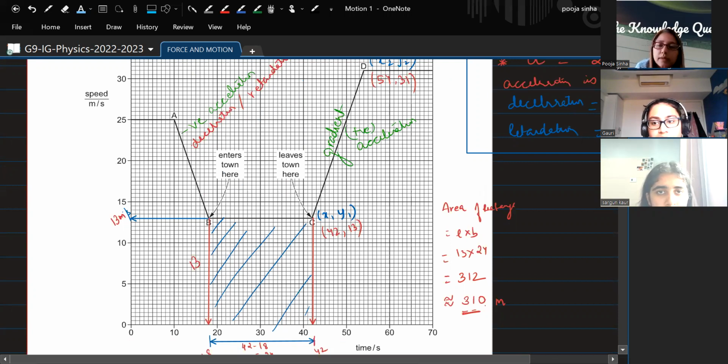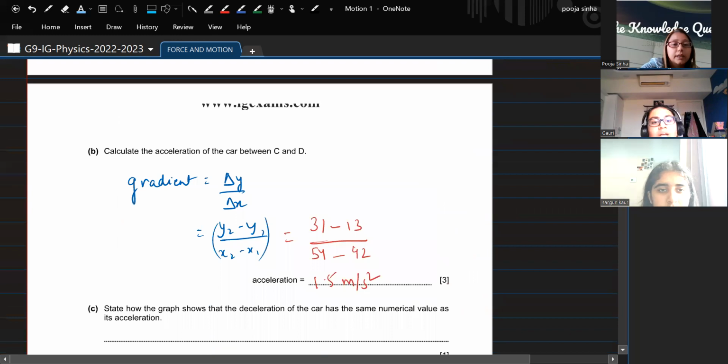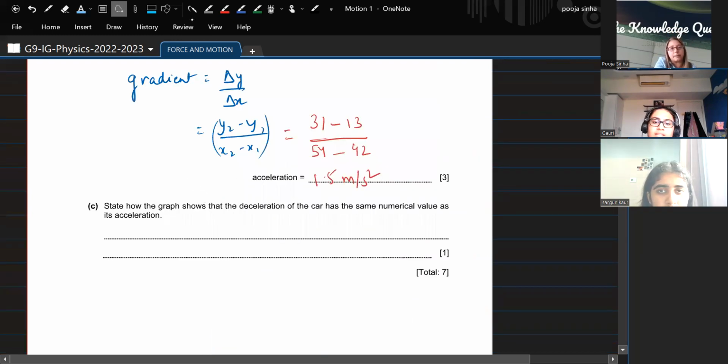Sargun, what is your answer? That's the same. They're both equally steep. So how do I put it more technically? The gradient.